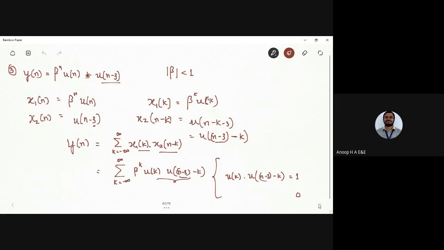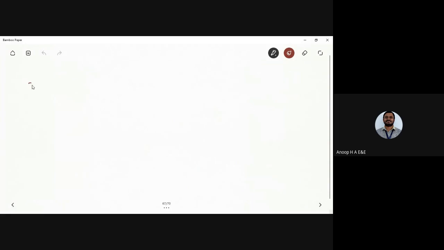So now I have n minus 3, the value is less than 0, y of n will be equal to 0. So I have n less than 3, which is there, and I have y of n set to be 0.